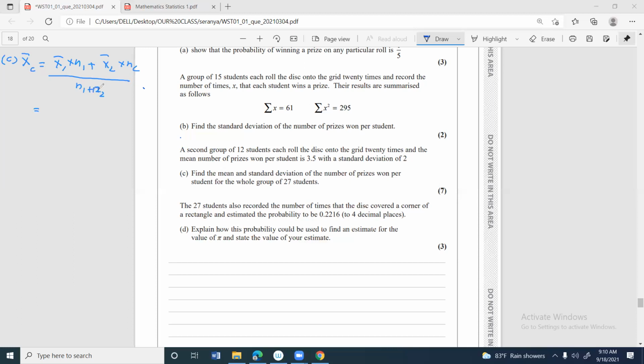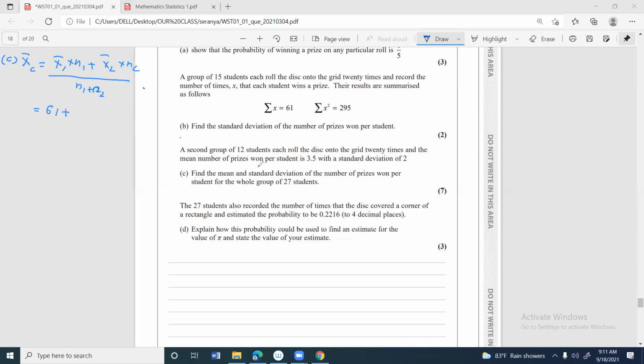Then let's try to work it out. For the first group, the mean is not given, but they have given the sum of 61, so we can work with 61 over here.